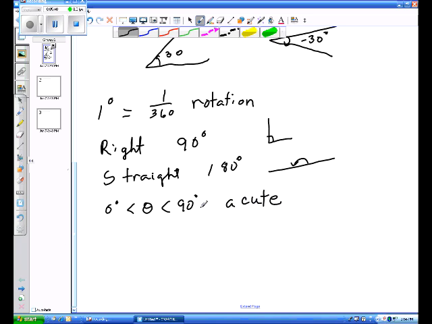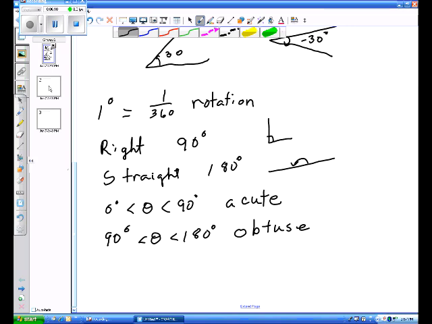We don't call a 90-degree angle an acute angle because it has a special measure. It's 90 degrees. If an angle is between 90 degrees and 180 degrees, then it's called an obtuse angle. So we have some special angles that we will refer to, and this is what we mean by these angles.